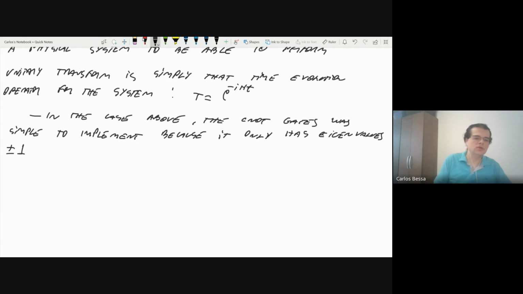So the summary for this simple harmonic oscillator quantum computer.